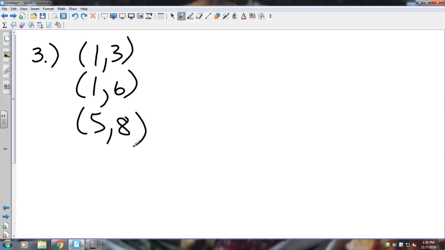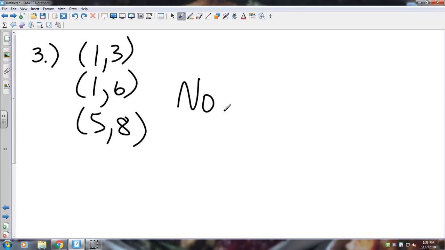But you'll forget that they can put 2 arrows off of that 1, and that means it's listed twice. So, is this a function? No. Why not? Because the x's repeat, okay? So this is not a function. And in the directions it says if it's not a function, you don't have to say if it's linear or not. So we don't have to answer any more on number 3.